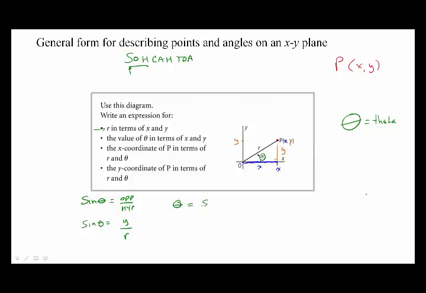Angle is equal to, we take the inverse sine of y over r. Do you remember doing this trig stuff? Yeah? We could also have used cos, and we could also have used tan. It all would have given us exactly the same answer.